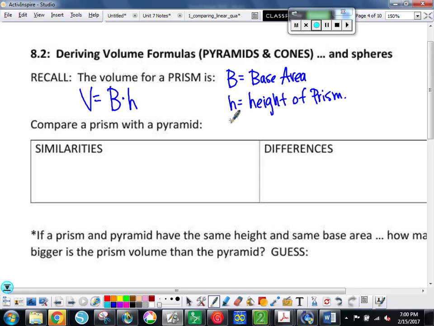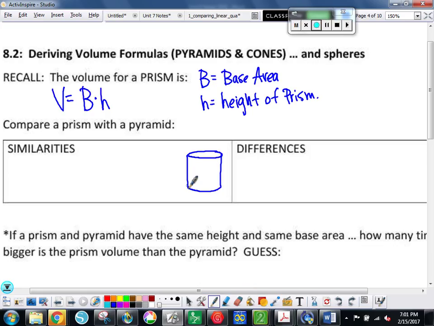Now, I have an easier time drawing cylinders and cones than I do pyramids and prisms, but they're pretty much the same thing. So if I have a prism, it looks something like this, right? Where you've got that base.